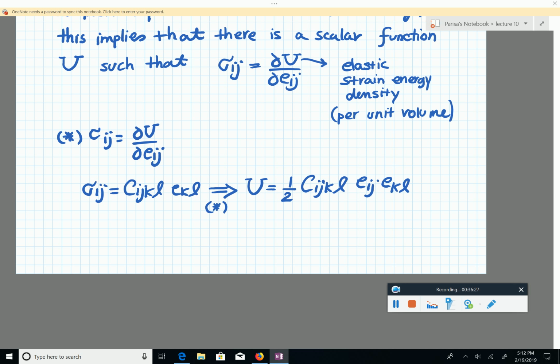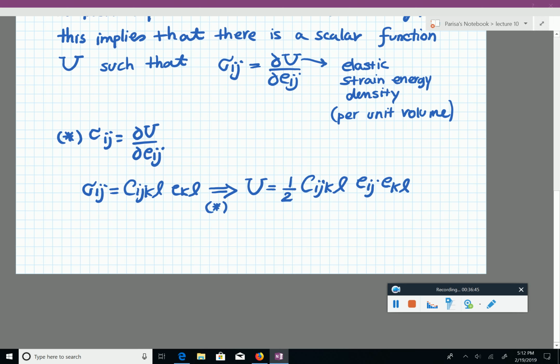So what we want to focus on right now is this fourth order elasticity tensor. How many components does it have? 81, right?